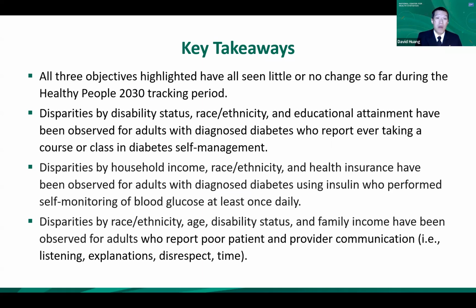Disparities were observed for all 3 objectives, by disability status, race and ethnicity, and educational attainment for adults with diagnosed diabetes who report ever taking a course or class in diabetes self-management, by race and ethnicity, health insurance, and household income for adults with diagnosed diabetes using insulin who performed self-monitoring of blood glucose at least once daily, and by race and ethnicity, family income, age, and disability status for adults who report poor patient and provider communication. Next slide.